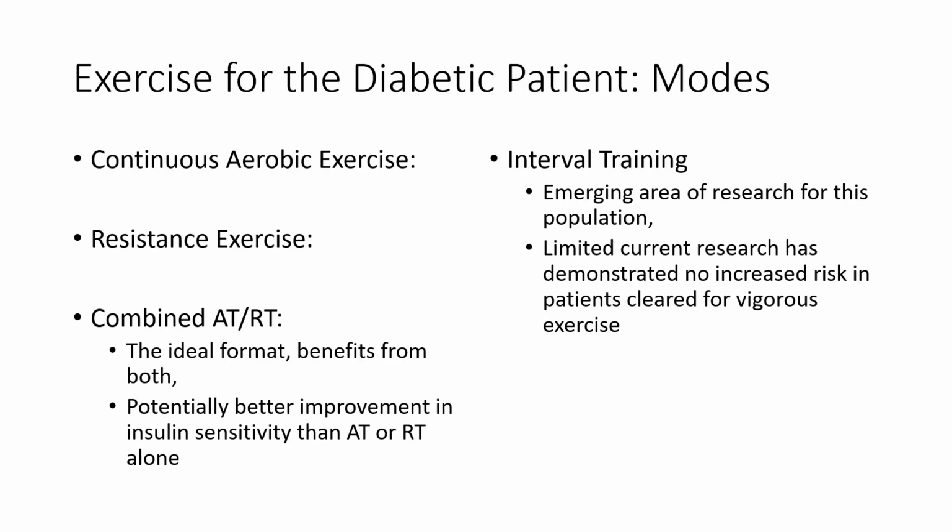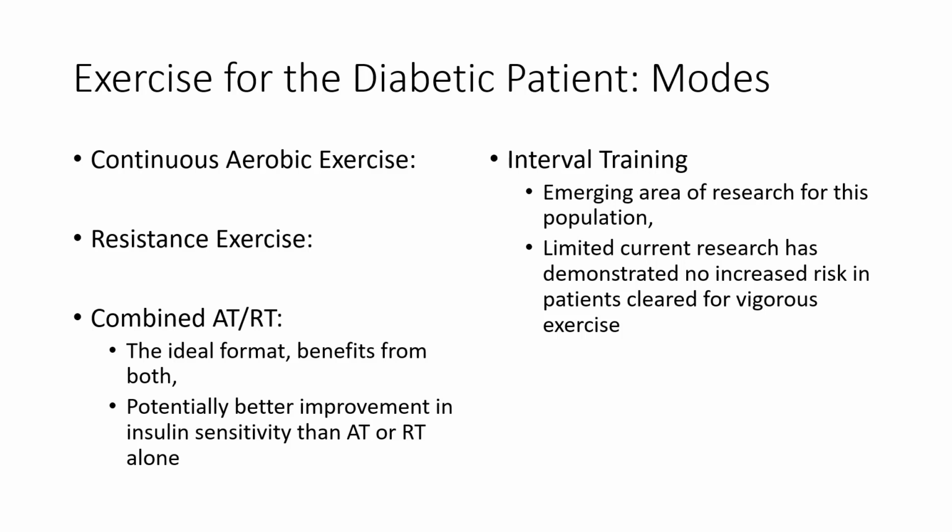Now, exercise recommendations are very similar to the obese patients. We don't have a super detailed list here because quite often patients with type 2 diabetes are the patients that have obesity issues. But continuous aerobic exercise is going to be great for all those effects on the vasculature. Resistance exercise can be great for body composition.